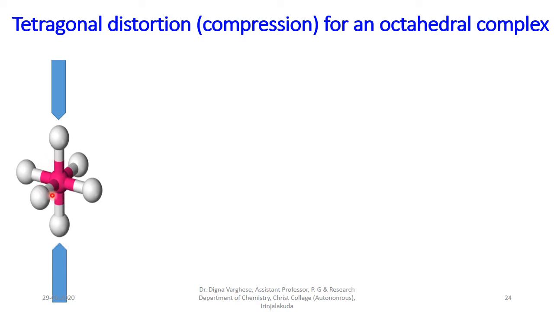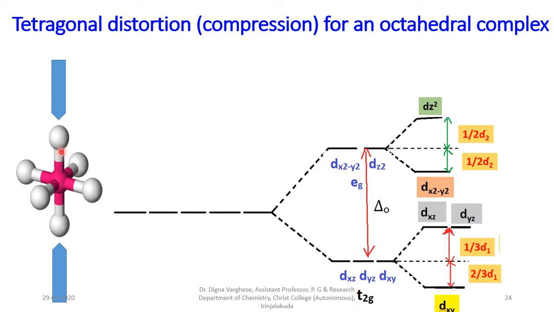So a large repulsion occurs and the Z containing orbitals go higher in energy. So the orbitals dxz, dyz and dz square have higher energy than the xy containing orbitals.